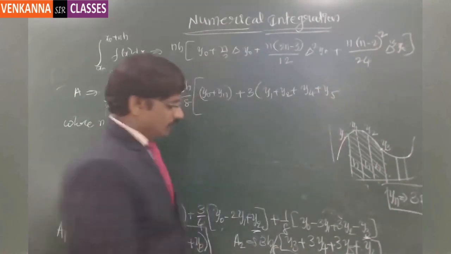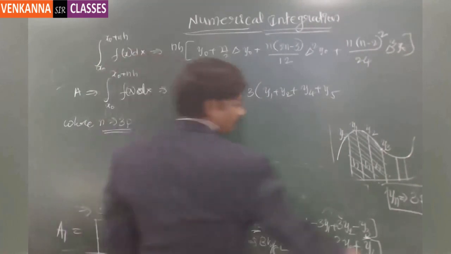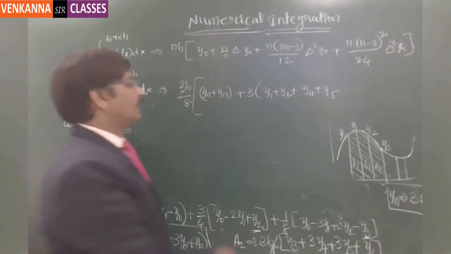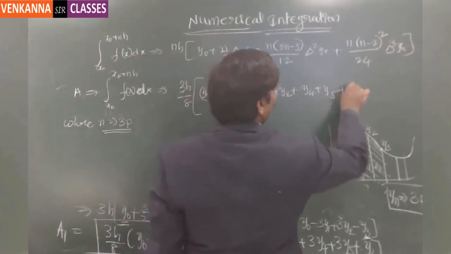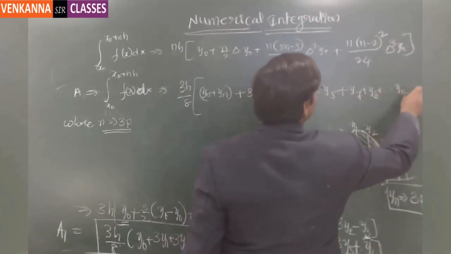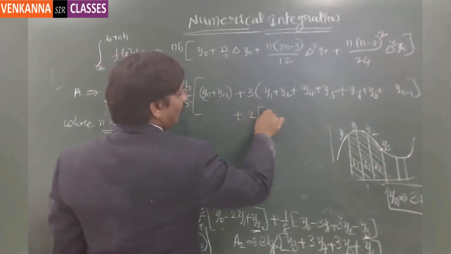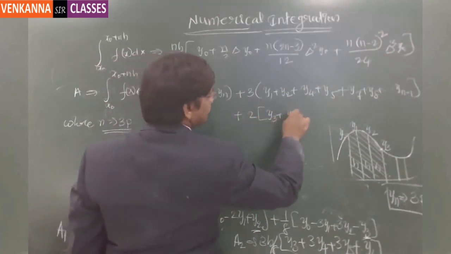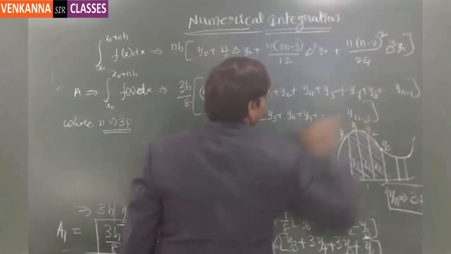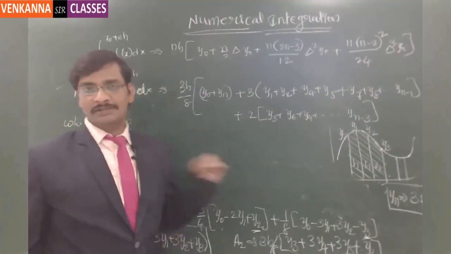So here y4 and y5 are coming thrice, and then next y6 is coming, but y6 will continue for the next area, hence this is going to be y7 plus y8, like this it keeps on continuing up till yn minus 1, and plus 2 times of all the multiples of 3. So this is how you are going to get the area for Simpson's 3/8 rule.